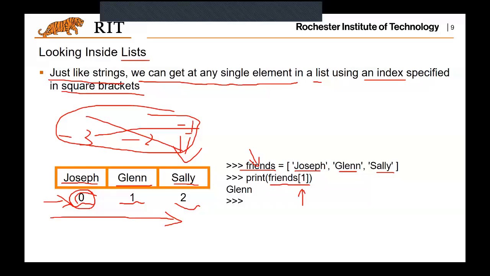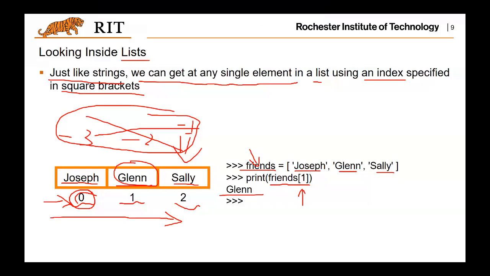And it turns out friends[1] is Glenn, and you print it out. That's how you take one single element from a list using an index and the square brackets. So far, so good? Any questions?